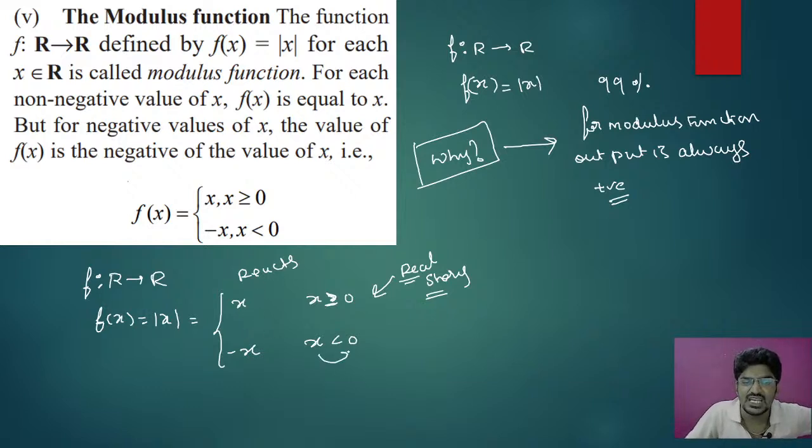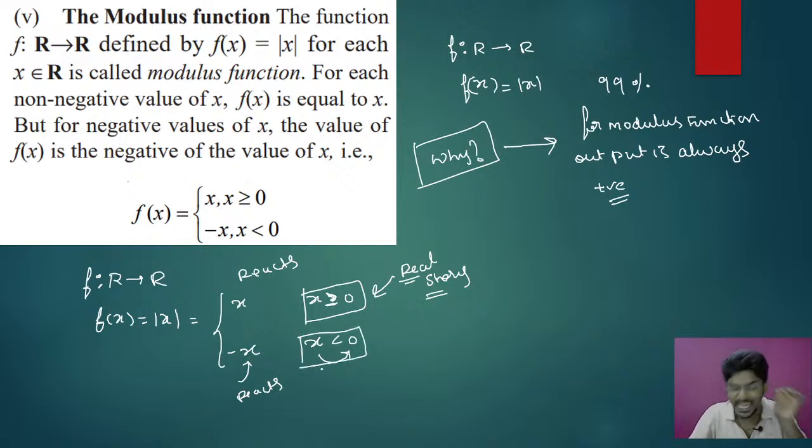Whenever x is less than 0, it reacts as minus x. That means the modulus function has two phases, one for positive inputs and another for negative inputs.